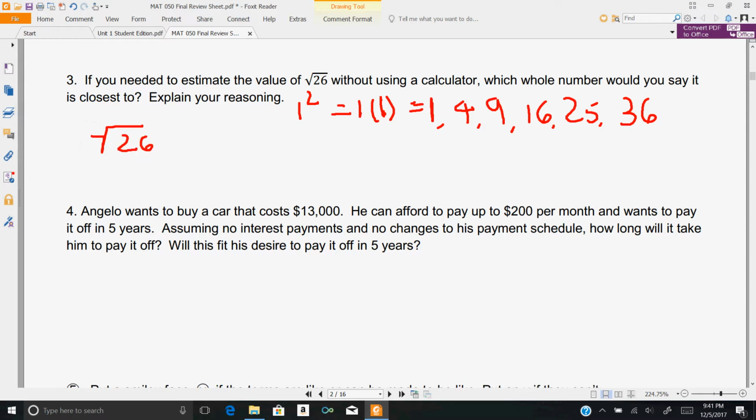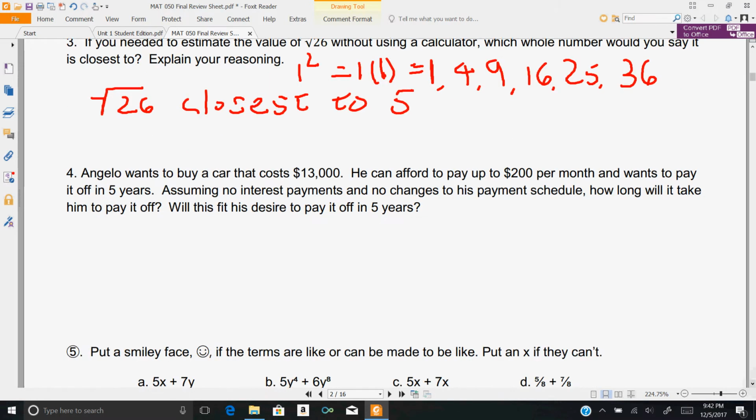So I can say the square root of 26 is closest to 5. 26 is a little bit more than 25. Square root of 26 is a little bit more than the square root of 25, or a little bit more than 5.